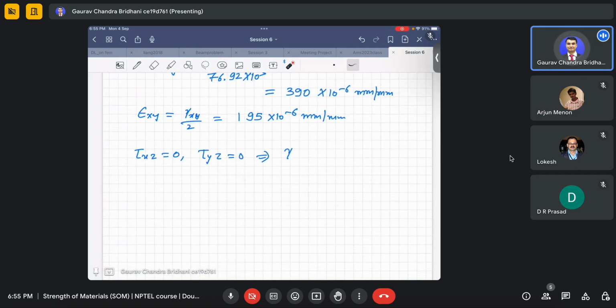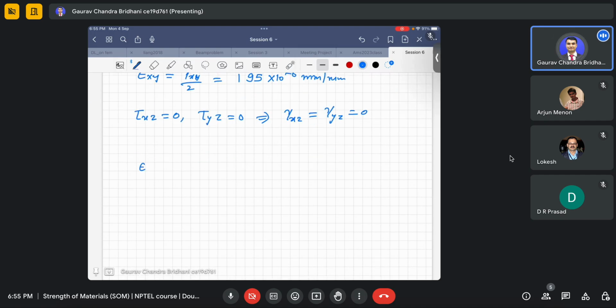So I was saying that gamma xz and gamma yz both will be 0. So we can formulate our whole epsilon tensor, strain tensor.